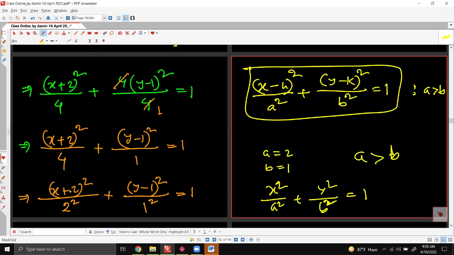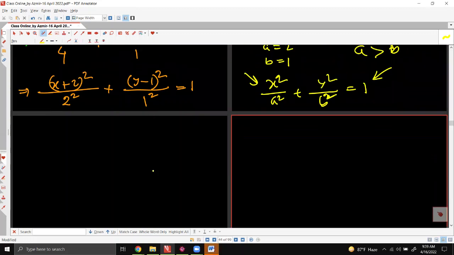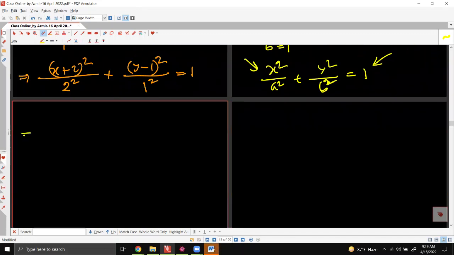So what we can do, we can think that this x plus 2 is capital X and y minus 1 is capital Y. So automatically we will have this equation, and then the formula for this equation will be applied to get all the information. So we are considering here capital X squared over 2 squared plus capital Y squared over 1 squared equals 1.